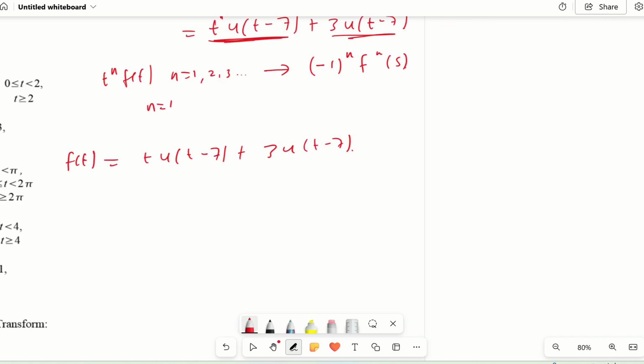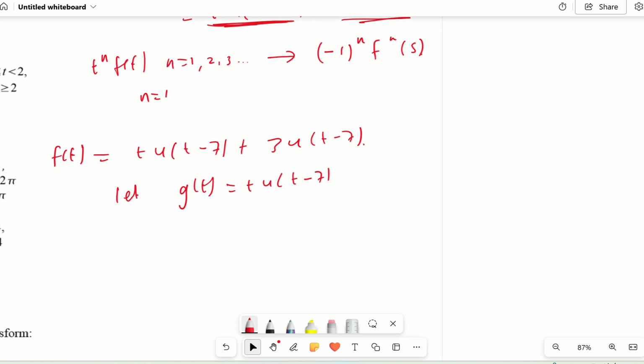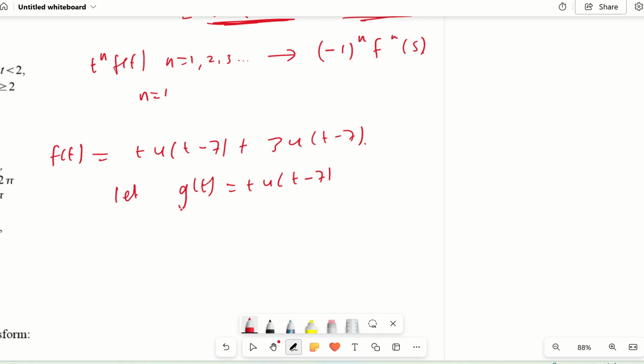To make the matter simple, let's let this thing be g of t because it's a bit complicated. I'm going to solve my g of t and I'm going to turn it into g of s.